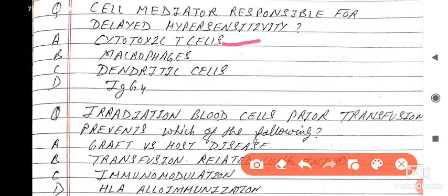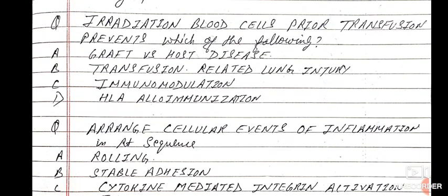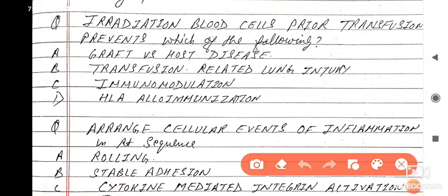If they ask for more than one, then macrophage is also right and dendritic cell is also right, but IgG4 is not true. Now irradiation of blood cells prior to transfusion prevents which of the following? This MCQ I also discussed in hematology clinical-based MCQs. This is best for preventing graft versus host disease.